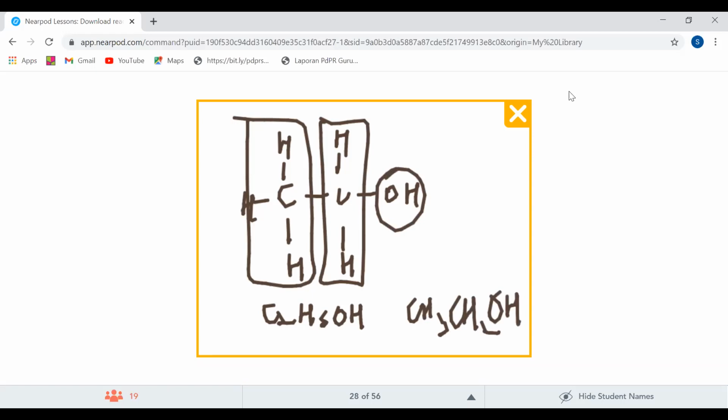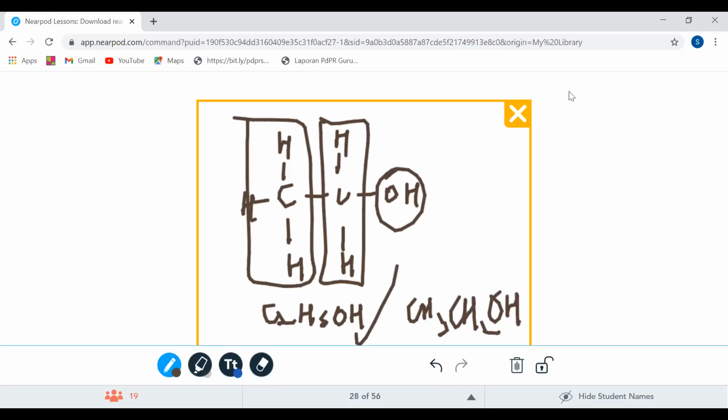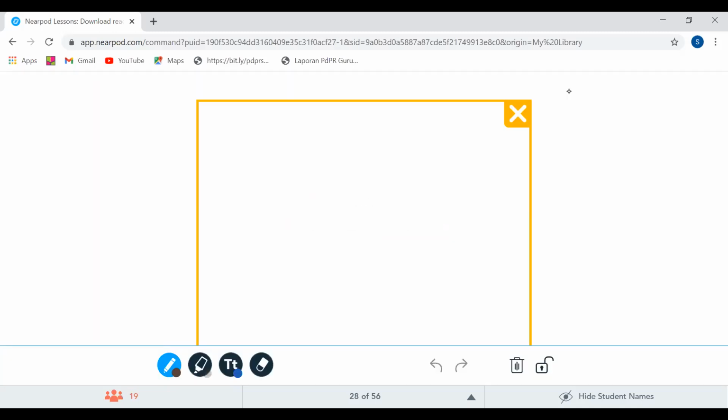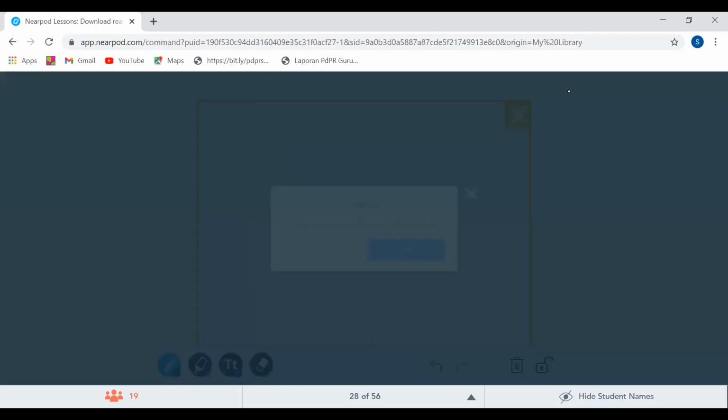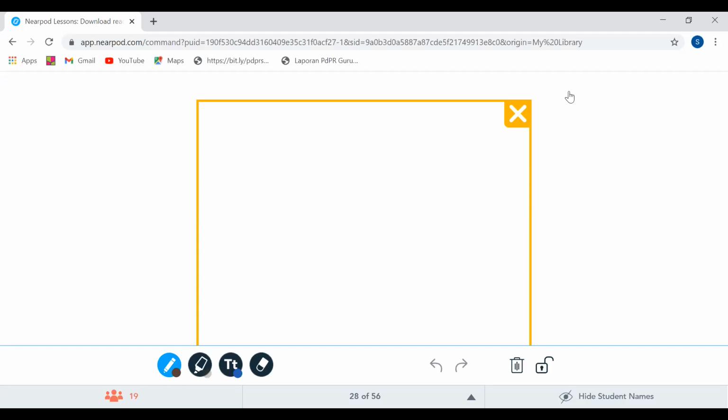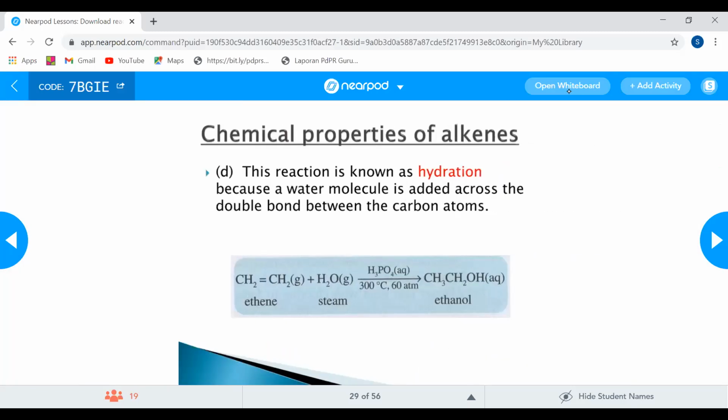So two ways of writing it. This is what teacher is saying for you. All right, let's try some questions. I call it hydration because I'm adding a water molecule across my double bond between the carbon atoms.